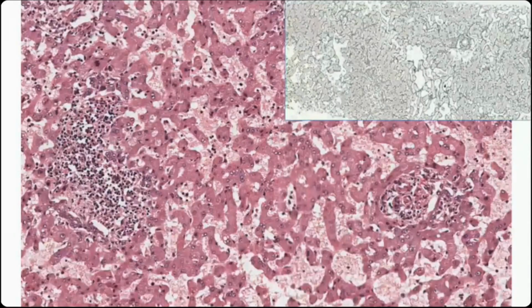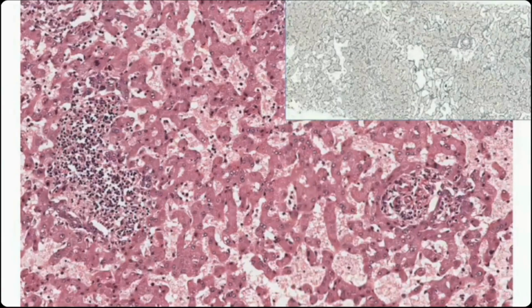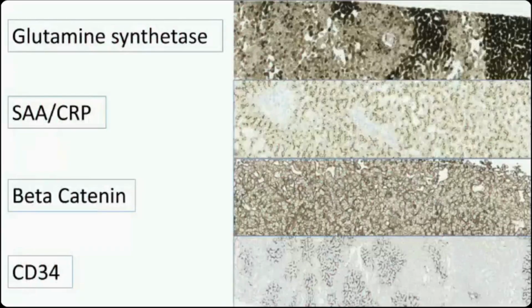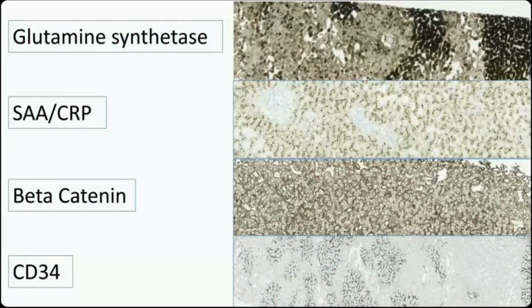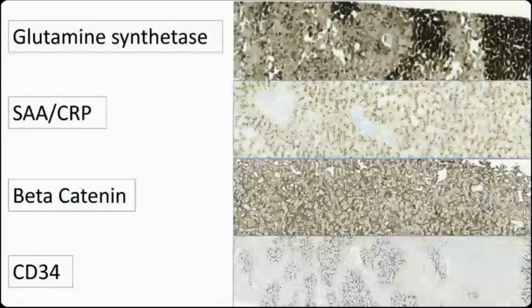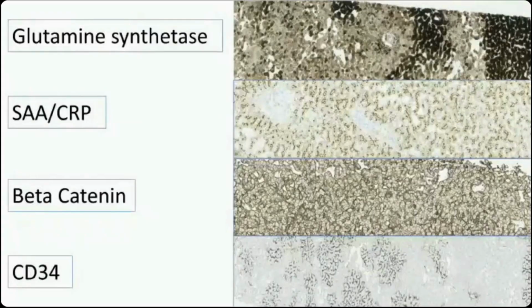When we look at the reticulin stain, again, it's preserved. The cells are no more than 1 to 2 cells thick, and there is no loss of reticulin staining. When we look at the immunohistochemistry, it's kind of unhelpful: glutamine synthetase patchy positivity, serum amyloid A and CRP positive.